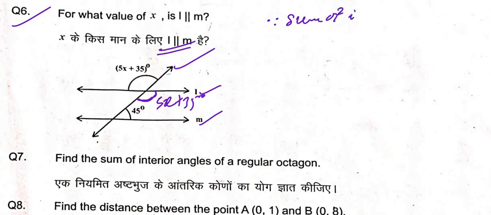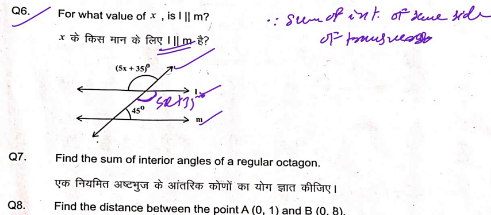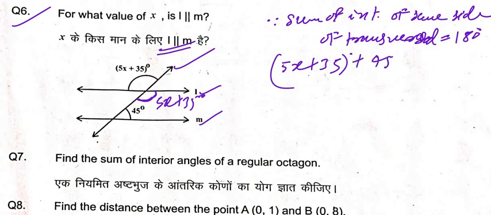Sum of interior angles of the same side of the transversal is equal to 180 degree. So what you will write? 5x plus 35 degree plus 45 degree is equal to 180.